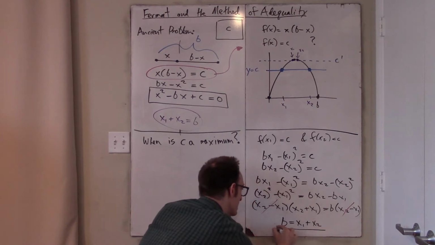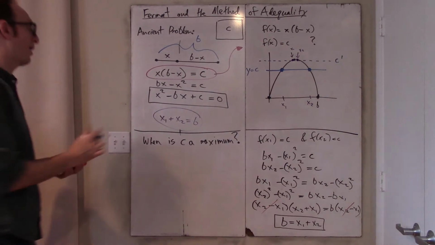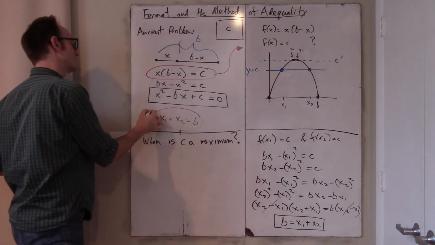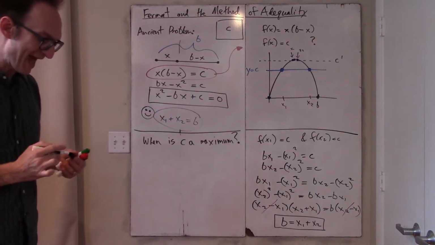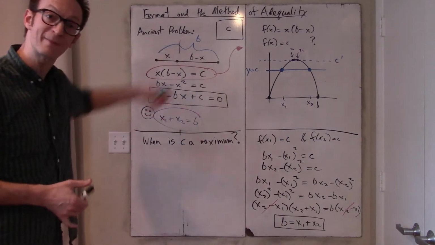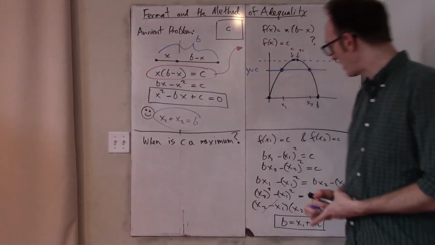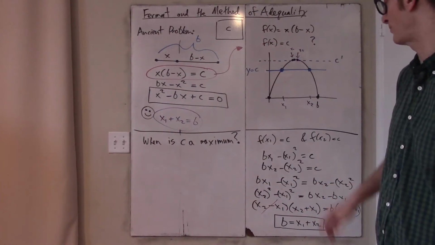Alright, we appear to be going round and round in circles, because I already told you over here that it was obvious that x1 plus x2 was b, based on the geometry of it. But now, here we have an algebraic technique which also confirms it.